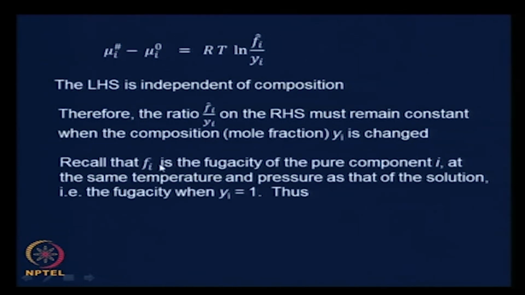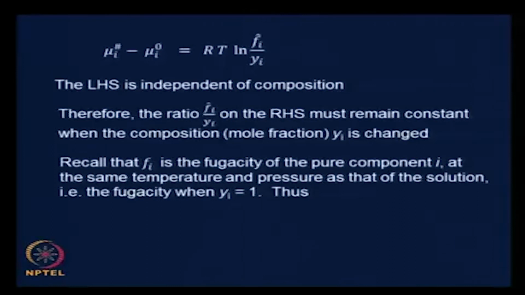Fi is the fugacity of the pure component I at the same temperature and pressure as that of the solution, that we know, or in other words, Fi is Fi hat when yi equals 1. Now, Fi is pure component, Fi hat is the fugacity of that component in solution. Now, Fi hat becomes Fi when yi becomes 1.